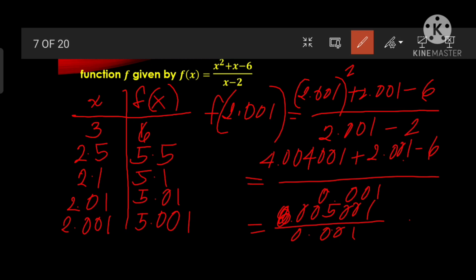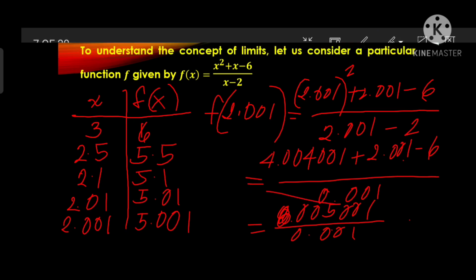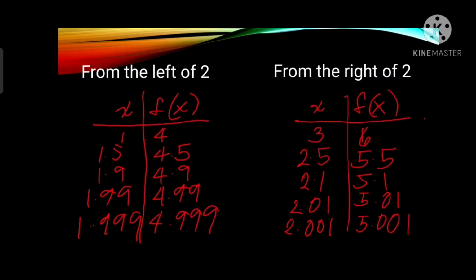So summarizing the results of the investigation for f of x equals x squared plus x minus 6 all over x minus 2, we have the following conclusions. As x approaches 2 from the left, f approaches 5. And as x approaches 2 from the right, f also approaches 5.